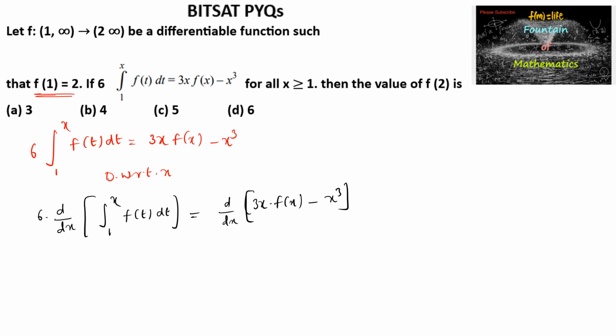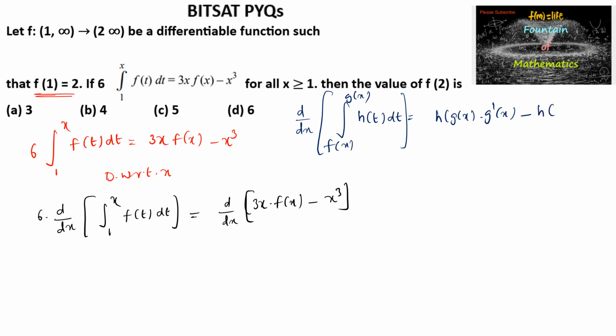And we had a property: integral f of x to g of x h of t dt, differentiating d by dx, we can write h of g of x into g dash of x minus h of f of x into f dash of x.